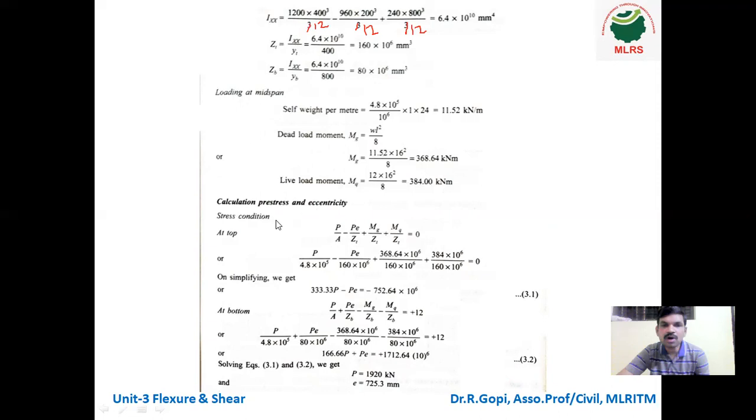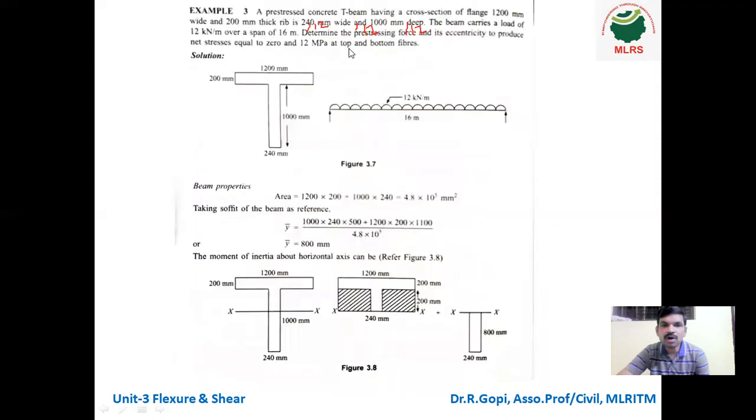Next, stress. Calculate the stress at top and bottom. P by A minus PE divided by ZT plus mg divided by ZT plus mq divided by ZT. Substitute all the values except P and PE, because what they are asking, as you can see in the question, is to determine the prestressing force and its eccentricity.